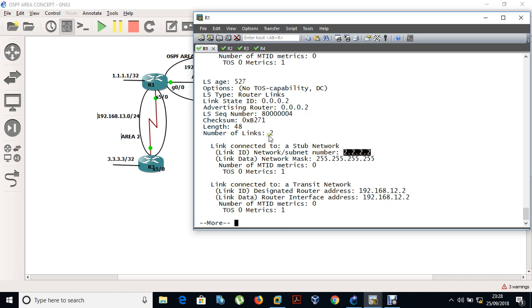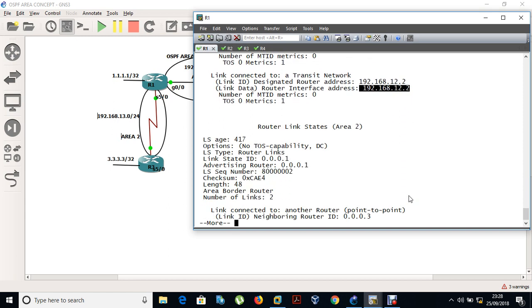I'm within this area, and I am the designated router for this segment, and the link that is connected to me is 192.168.2.2. Okay, that's for this area.